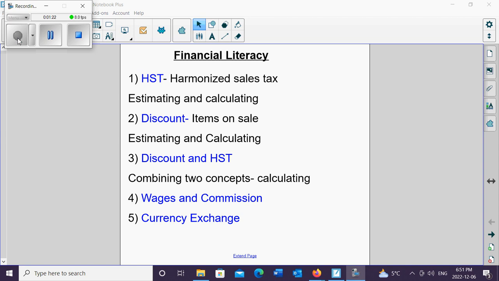And lastly, we did currency exchange, where if you were going into another country or buying goods from another country, not all countries' money is worth the same amount, and they're all based off of a base unit, and some countries' currency is worth more, and some is worth less, and you have to be able to convert between the different currencies.